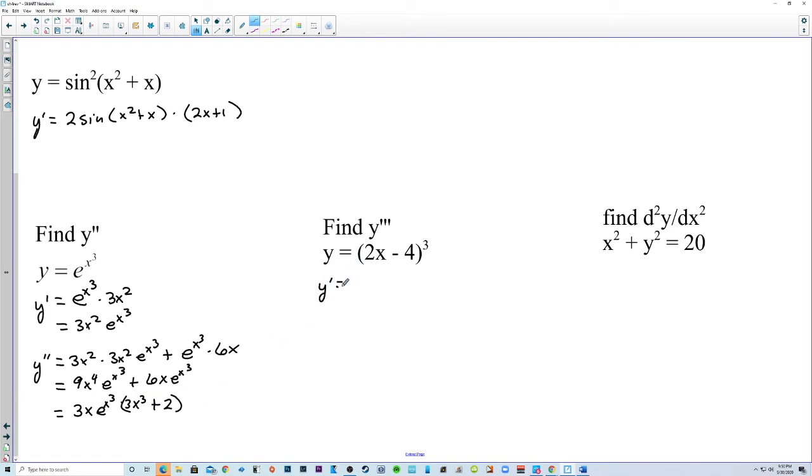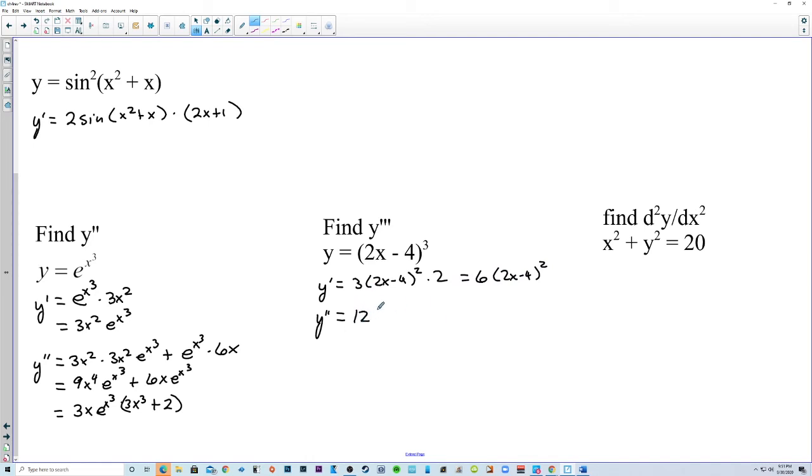Third derivative here. First derivative is 3 times 2x minus 4 squared, but then times the derivative of the inside, which is 2. The second derivative is, well, this is equal to 6 times 2x minus 4 squared.